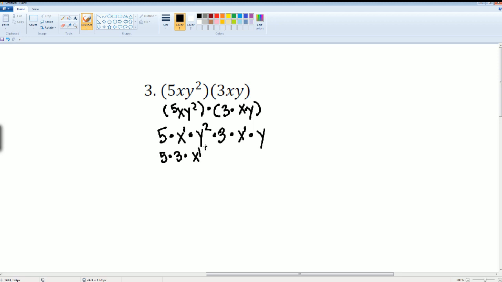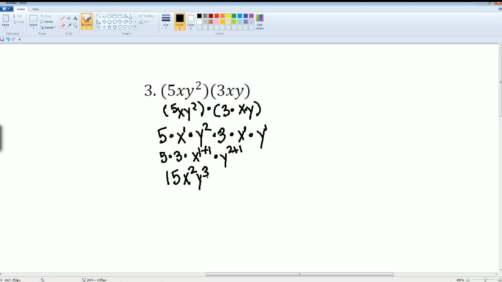So that is 1 plus 1, times y squared right here, plus this y here, so that's also going to add 1. The x1 and the x1 combine, and the y squared plus y1. 5 times 3 is 15. x, 1 plus 1 gets you 2. y, 2 plus 1 is 3.